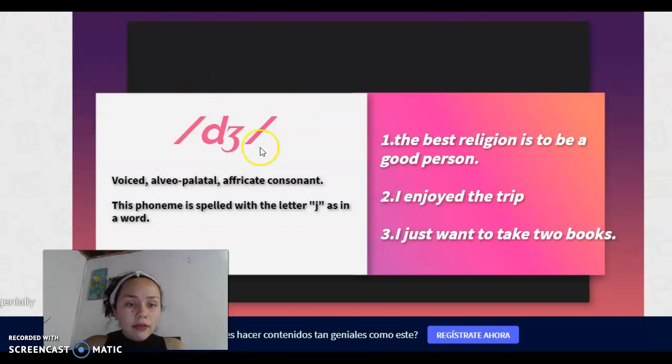Well, the last sound symbol is this. Well, this phoneme is spelled with the letter J as in a word. Yes. And it's the sound j. It's voiced alveopalatal affricative consonant, and you create friction by first stopping the airflow with your tongue right behind your teeth.